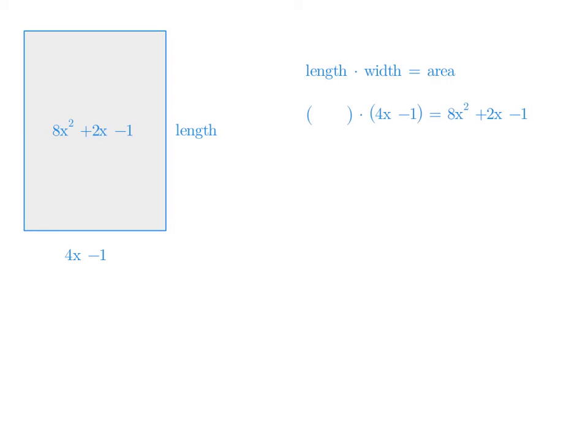And because you're doing it this way, it's actually quite easy, because you can say, well, 4x times what is going to give me 8x squared? Well, 4 times 2 and x times x. So 2x.